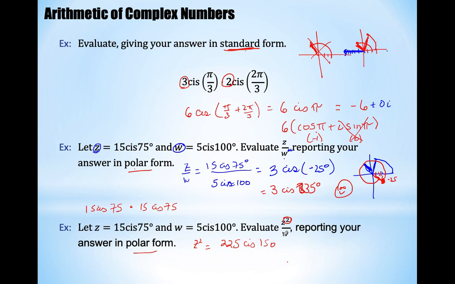Square 15 to get 225 and double 75 to get 150. Now I'm going to divide that by w. Whoops. So 225 divided by 5 is 45. 150 subtract 100 is 50.